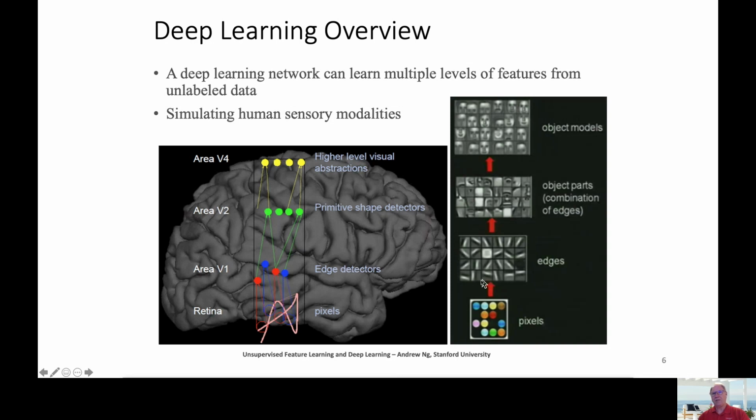From those edge detectors, they were then able to create slightly more abstract but simple concepts: circles and squares and triangles. And from those, create even more abstract visual concepts. Eventually, we could learn to classify fairly complex things in our field of view as being dogs and cats and trucks and cars and things like this.